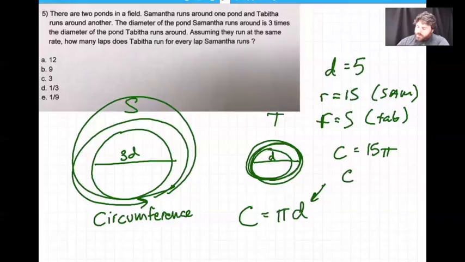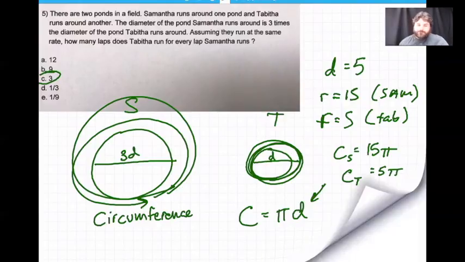And then the circumference for Tabitha is going to be 5 pi. So if Samantha has to run 15 pi, Tabitha is also going to run 15 pi, right? Because they run at the same rate. So in that, she will run 3 times around. So the answer here is going to be C. Tabitha will run 3 laps for every lap that Samantha runs.